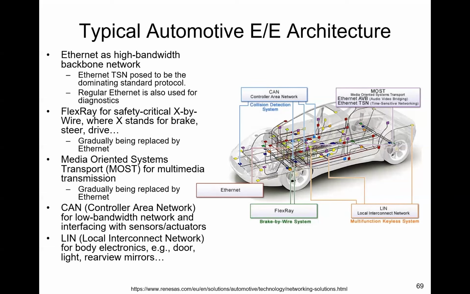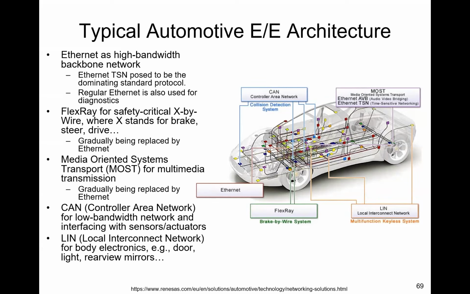FlexRay is for safety critical X-by-wire systems, where X stands for brake, steer, and drive. But it's gradually being replaced by Ethernet. Media Oriented Systems Transport is mainly used for multimedia transmission, and it's also gradually being replaced by Ethernet.